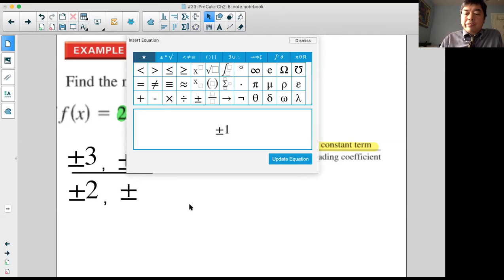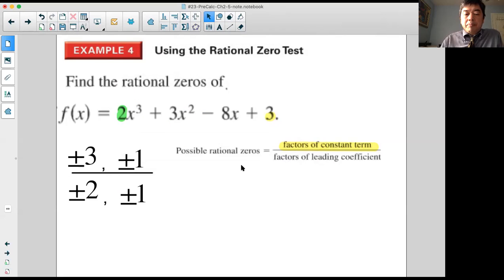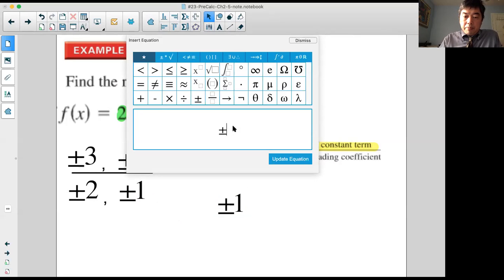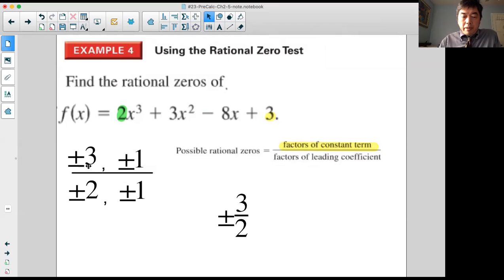All right, let's write down the numbers here. The possibility numbers. So the possibility here is going to be 3 over 2, right? 3 over 2, okay? And 1 over 2.